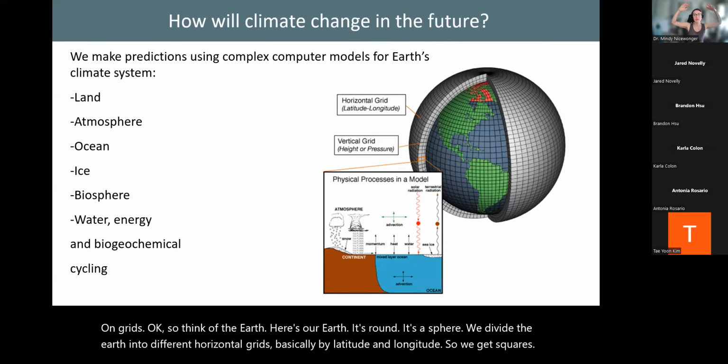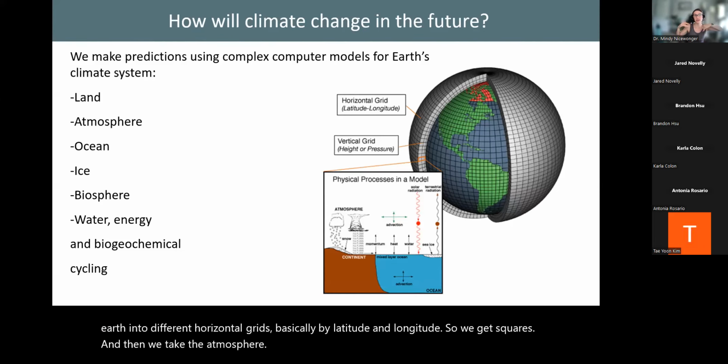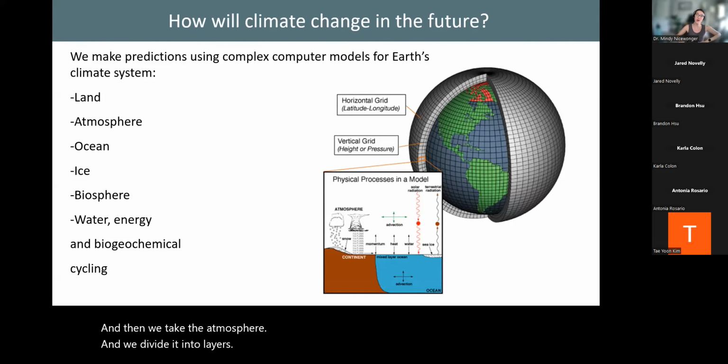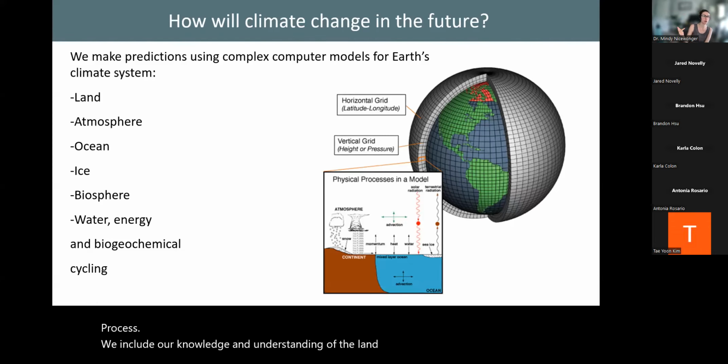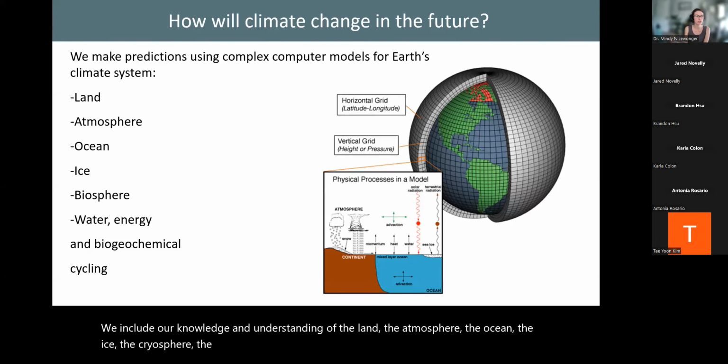And then we take the atmosphere and we divide it into layers. Then we also take the ocean and we divide it into layers. So it's a 3-dimensional process. We include our knowledge and understanding of the land, the atmosphere, the ocean, the ice, the cryosphere, the biosphere, water, energy, all of the cycling of the nutrients, the carbon, the methane, everything we know.